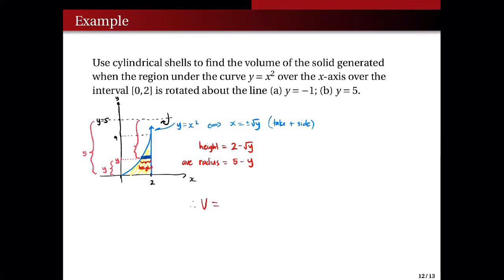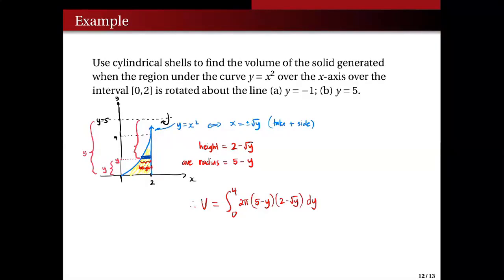Therefore, the volume will be the integral from 0 to 4. Again, that's still 0 to 4 because the motion is up to that point only. So 0 to 4, then 2 pi times the radius, 5 minus y, times the height, 2 minus square root of y, and then we have the dy.